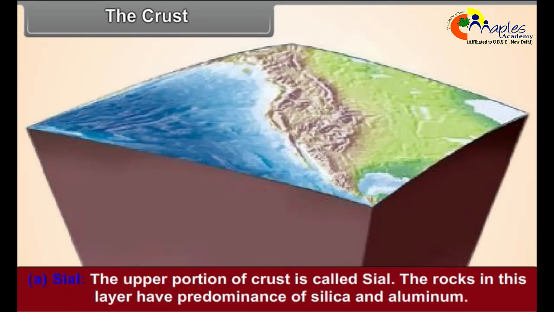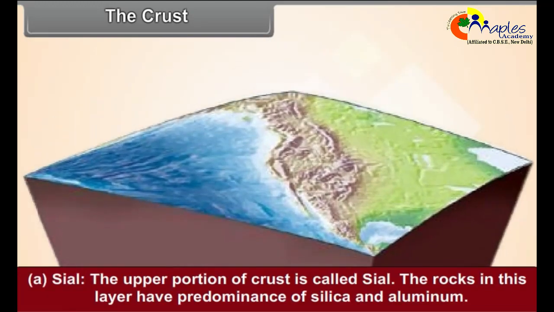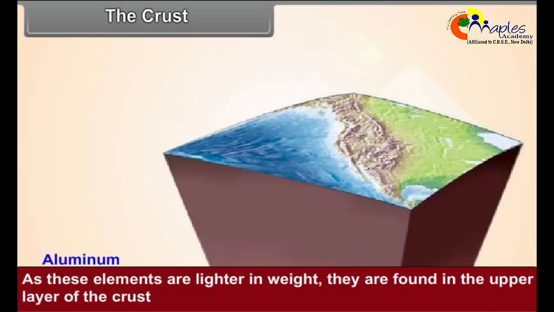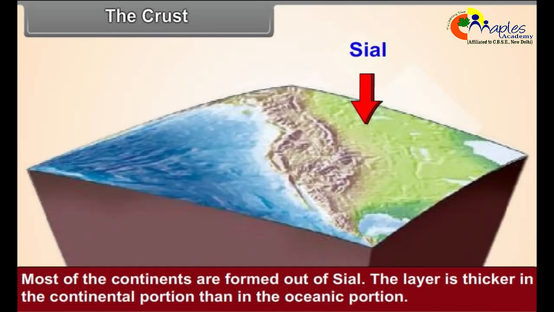Sial. The upper portion of the crust is called sial. The rocks in this layer have predominance of silica and aluminium. As these elements are lighter in weight, they are found in the upper layer of the crust. Most of the continents are formed out of sial.